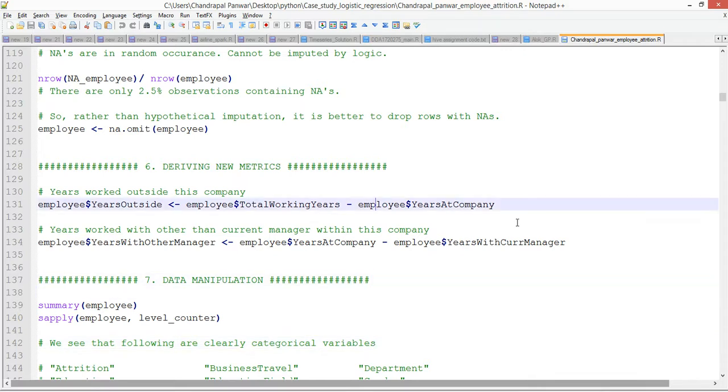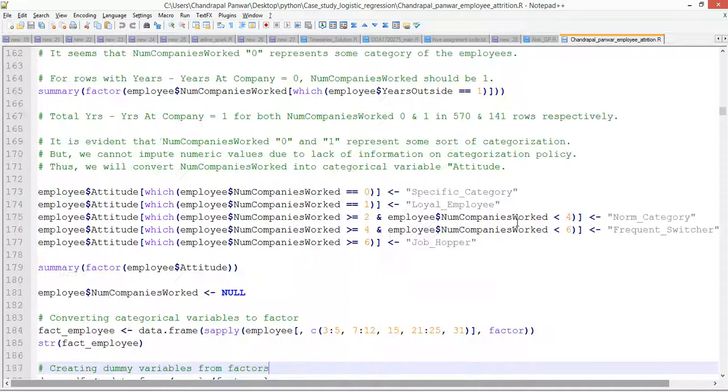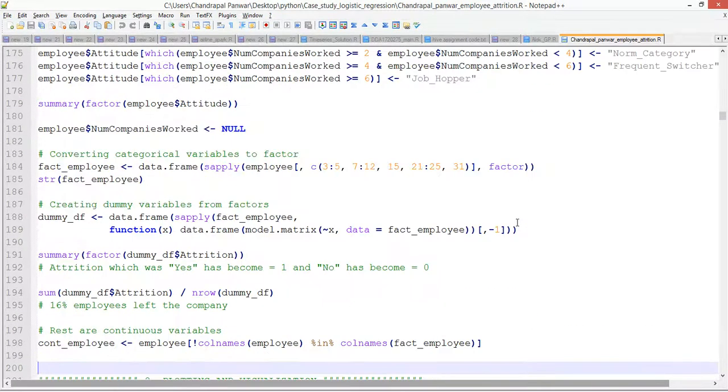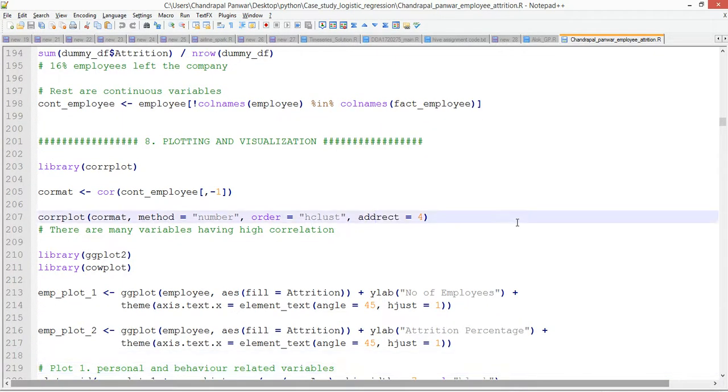We created new metrics out of it. The data manipulation is done, and we do EDA on this data to understand more about it. When that is done, we make a correlation matrix.